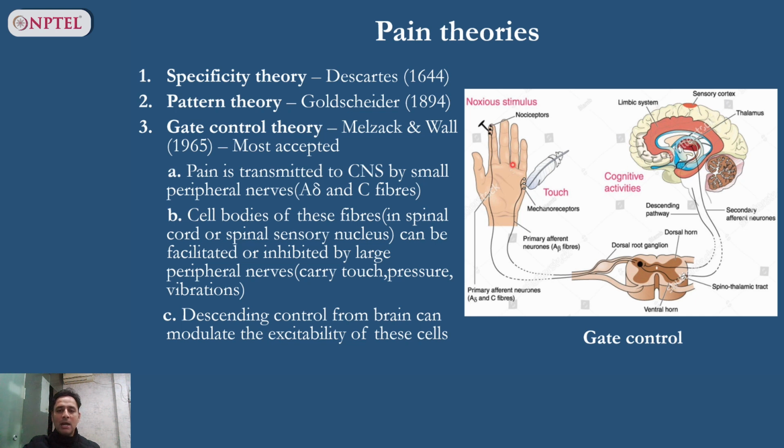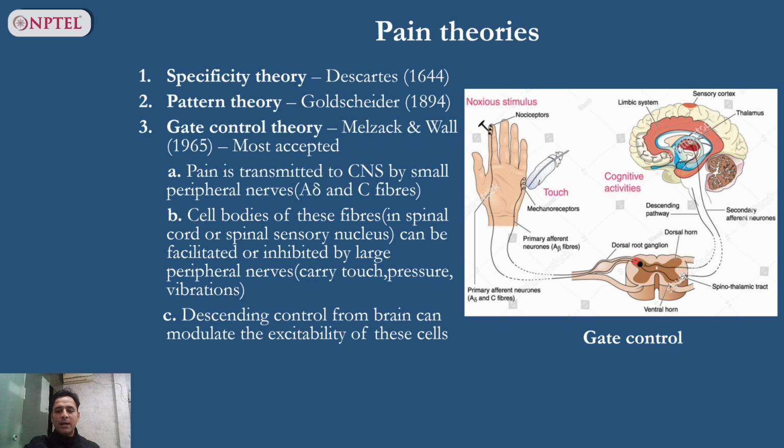Now, when a pain sensation is being transmitted by the small diameter fiber, and at the same time pressure and vibration are also transmitted from the same site, since the velocity of conduction in the thicker diameter fibers is faster, this sensation will reach the dorsal horn at a faster rate.